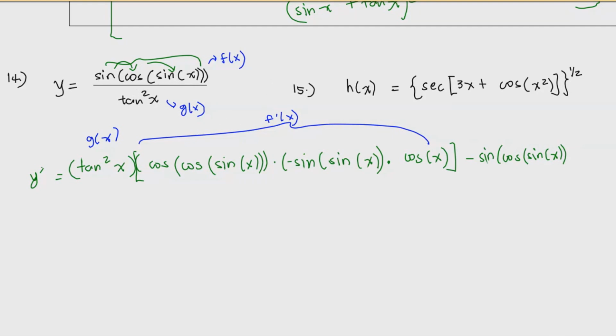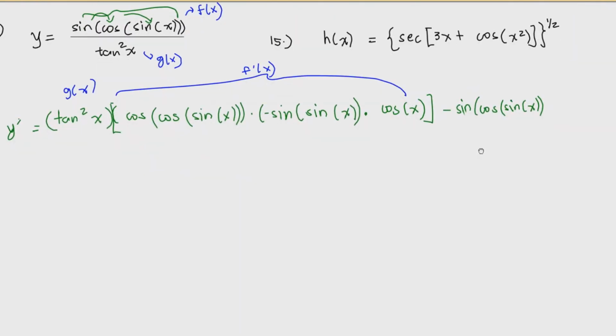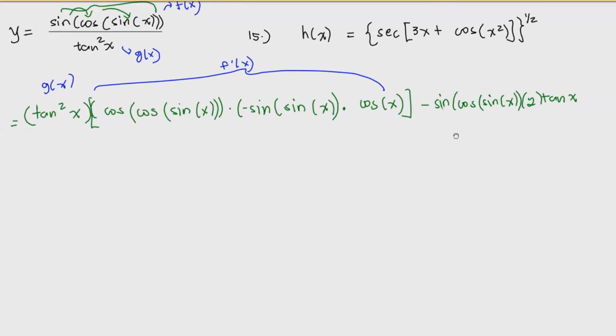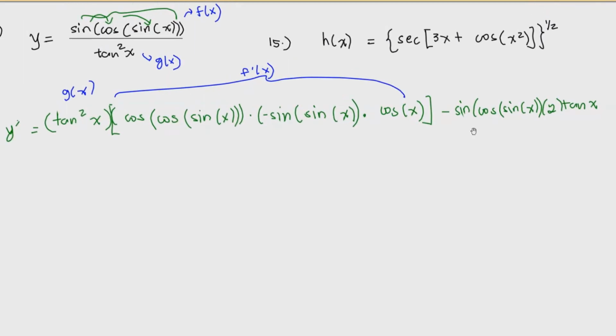So the derivative of tangent squared is simply, since this is tangent squared, you will be having this power rule, so you'll be having 2 and then tangent x, since you just subtracted 1 from the exponent, and then you take the derivative of tangent x, so you'll be having there secant squared x.